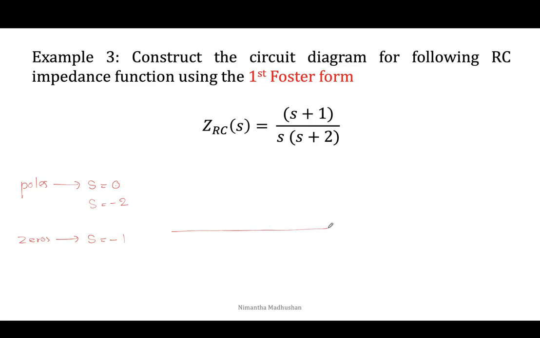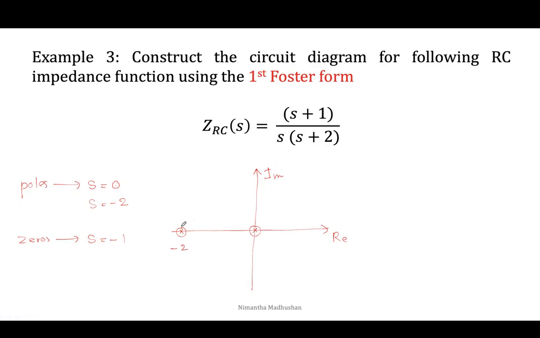Now I plot the poles and zero in the complex plane. This is the real axis. This one is the imaginary axis. There is one pole at the origin and another pole at minus 2.